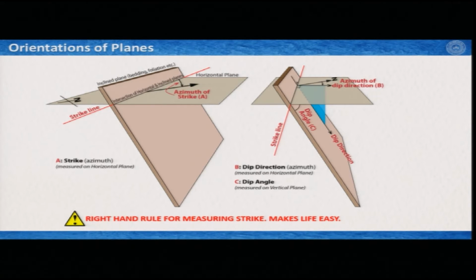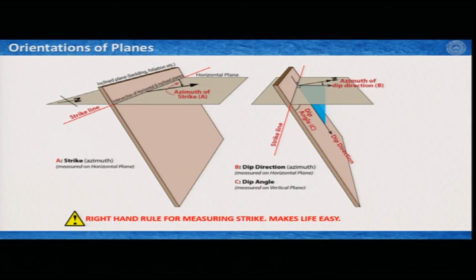So, if I have an inclined plane, I know what the strike of this plane is now, and the inclination or the slope of this plane is known as the dip angle. Pictorially you can understand that this is the same plane, I just rotated it, and this angle that it makes with the horizontal plane is the dip angle, and the direction this plane slopes is the dip direction.